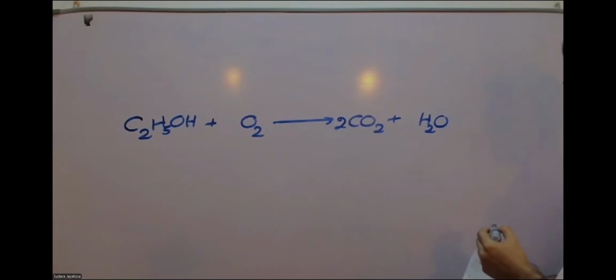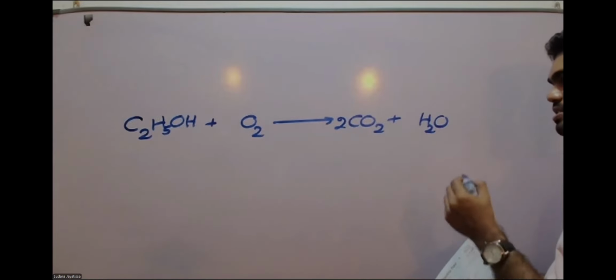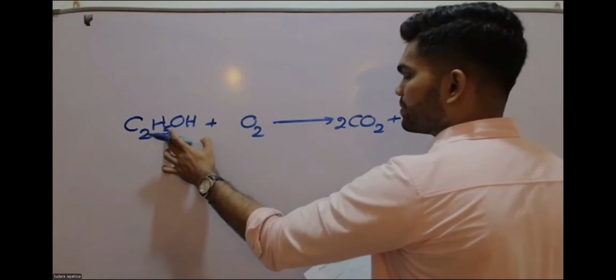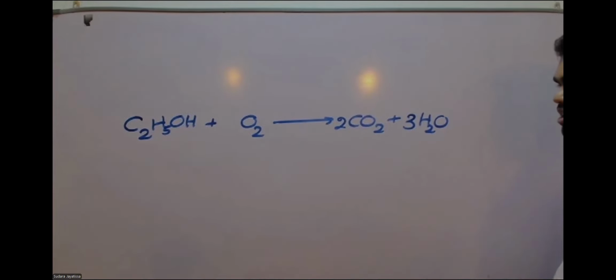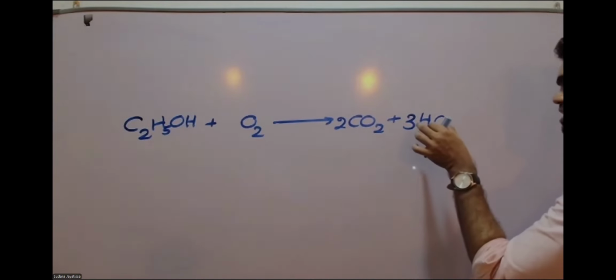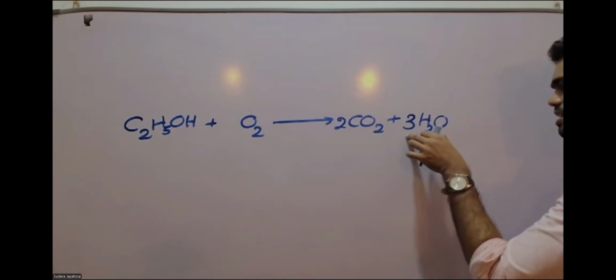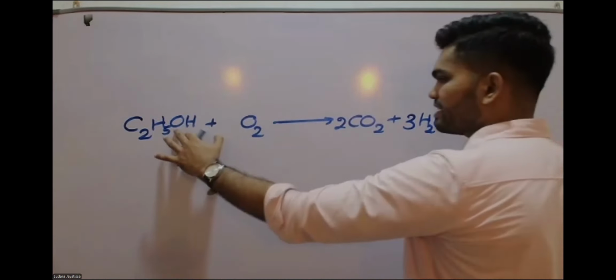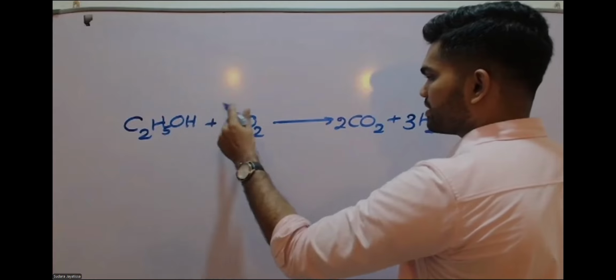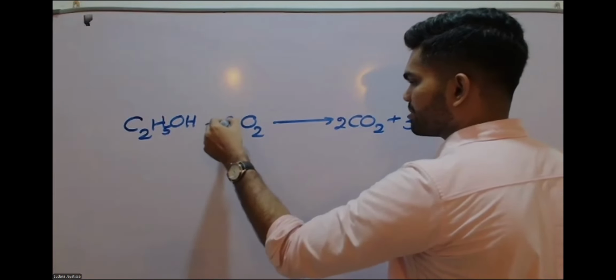Then you have 6 hydrogen atoms, 5 here and 1 here, which is going to give you 3 water molecules. Altogether you have 3 oxygen here and 4 oxygen there, altogether 7 oxygen. Out of that, 1 is already there. So you need 6 more oxygen atoms, that means 3 O2.